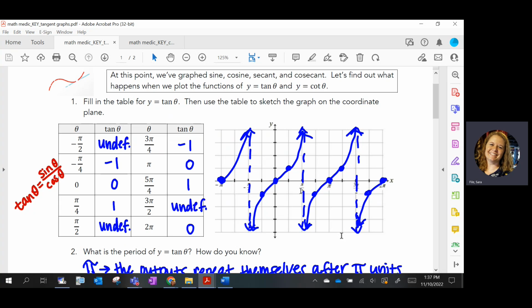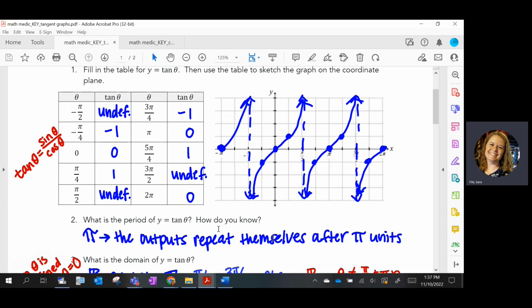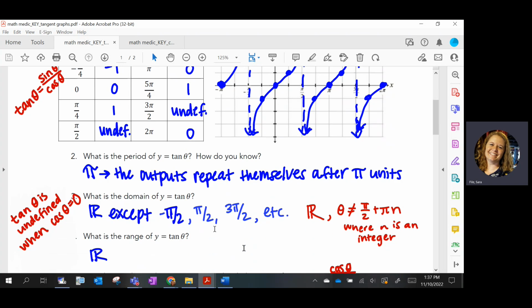So that means the period is shorter. The period is half of what it was for the other 4 trig functions. Okay, so keep that in mind. So the period is only 1 pi. So that's the distance between asymptotes is 1 pi. Okay, because those outputs repeat themselves after each asymptote. Okay, now the domain.